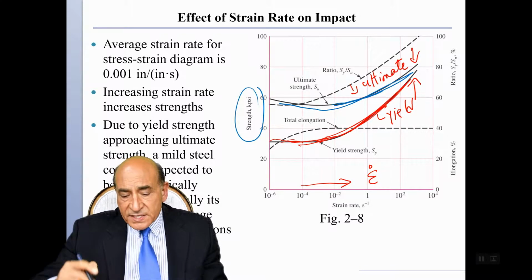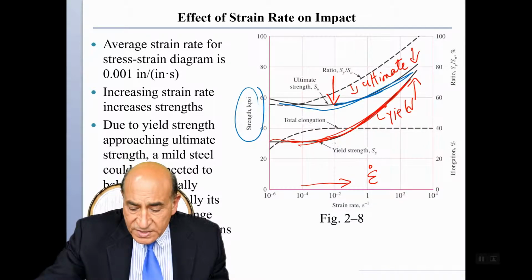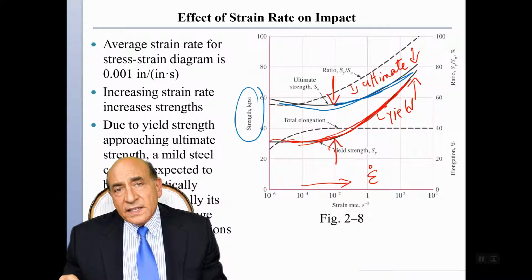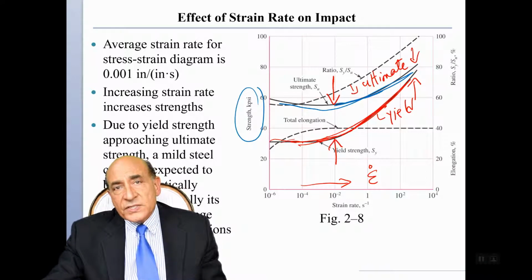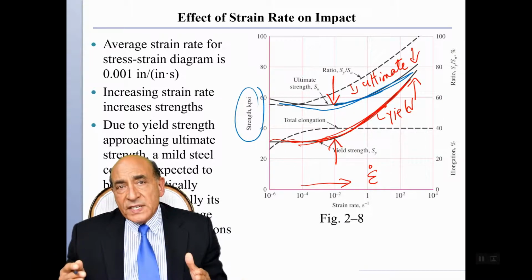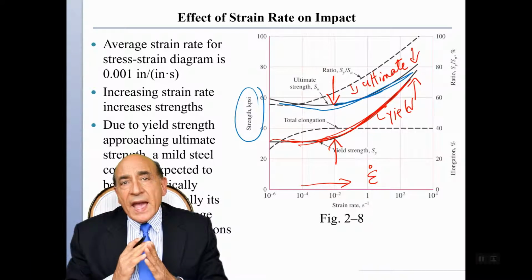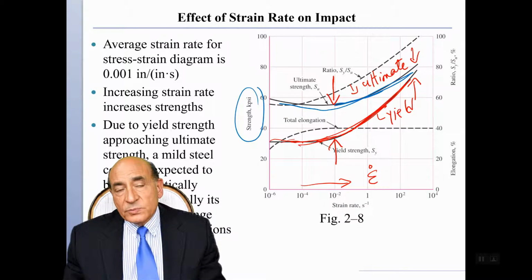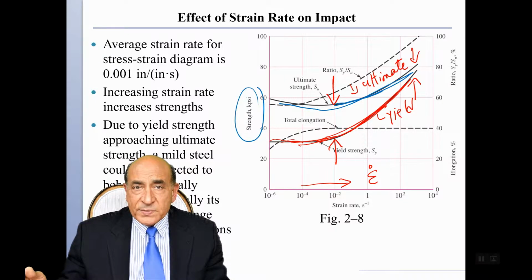This is a wide window that indicates hardening. The window starts to decrease at high strain rates, which indicates that the material is basically brittle, and it will fracture once it goes a little bit beyond the yield point. So at high strain rates, the material is brittle.